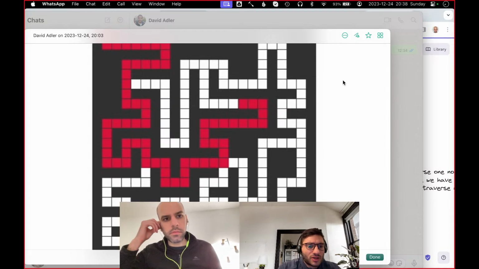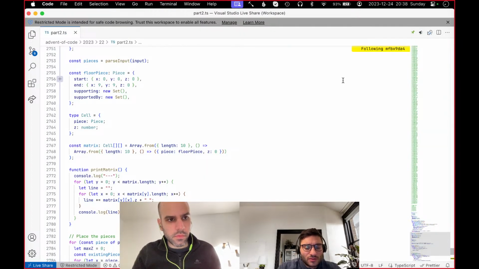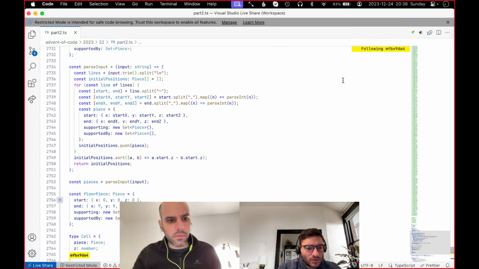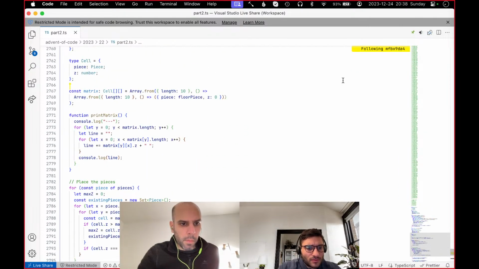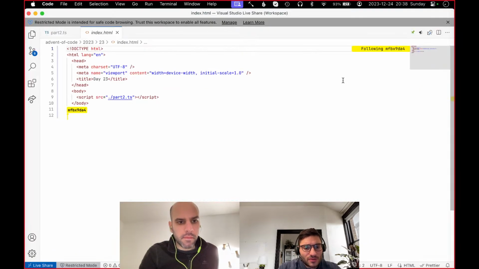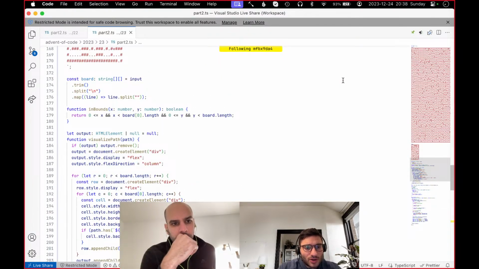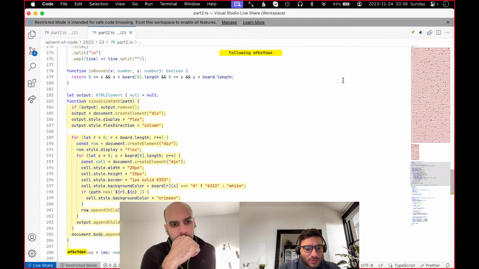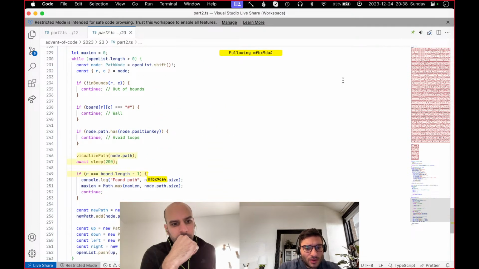Well, if you're in VS Code, I can show you the code. Is it day 22? Day 23. So yeah, index.html is just this. It just imports this TypeScript file. It's using parcel.js, and then I just have this visualized path, which I call basically each time I visit a node.